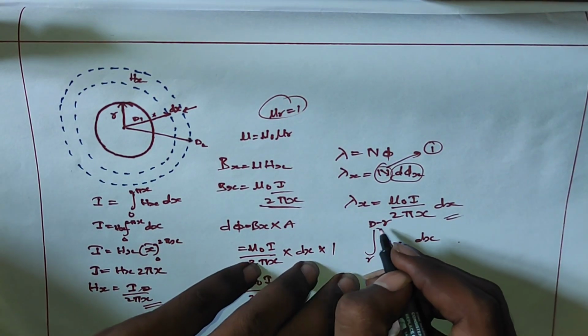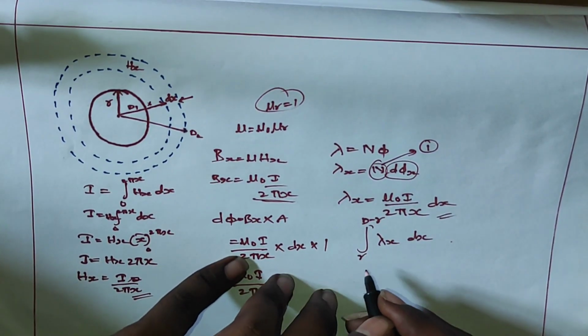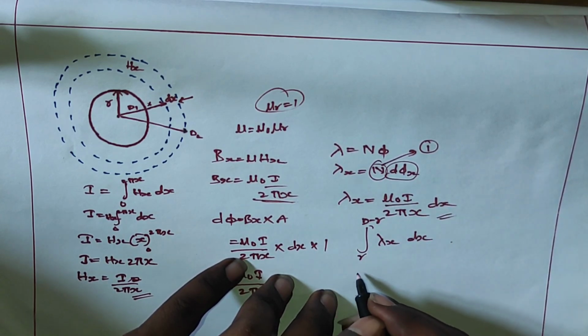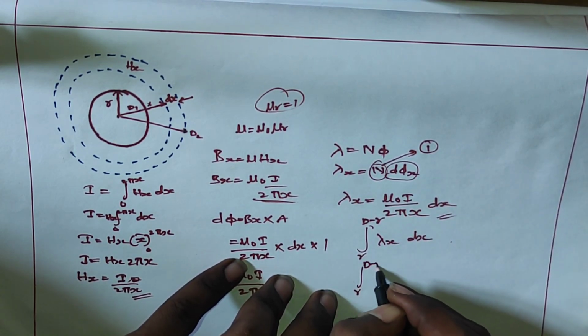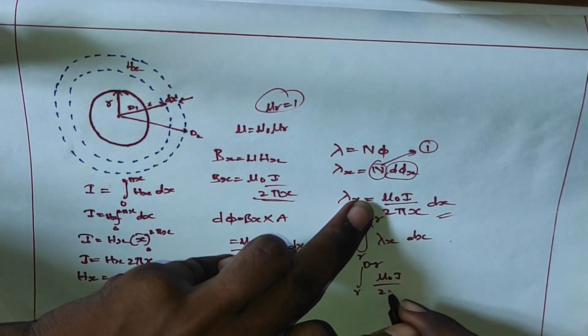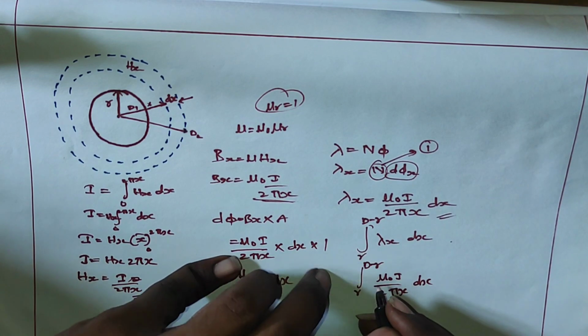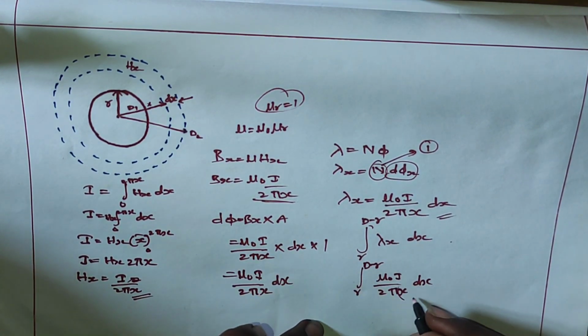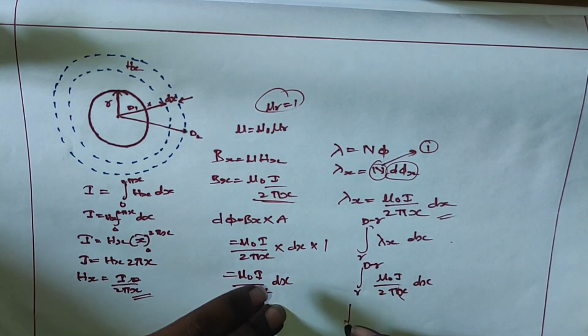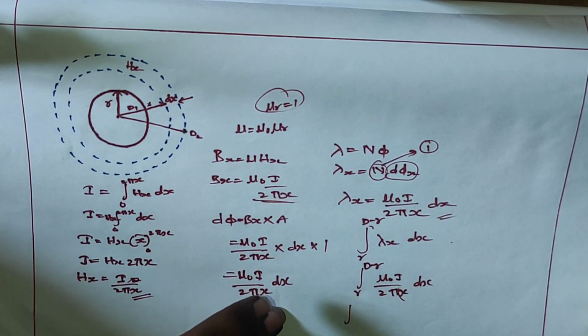Now if we do this small integration, what we will get? We need to substitute this lambda value here. Therefore, integration from r to d minus r, lambda equals mu naught I by 2 pi x dx. Other than x, everything is constant for me, so let us keep the constants outside of this integration.